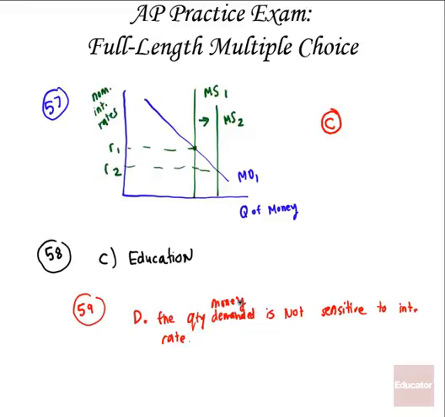Whereas if the quantity of money is not sensitive to interest rates, so people don't necessarily make decisions based on that, then an increase in money supply is going to have more of this multiplier effect. So that's answer number 59.